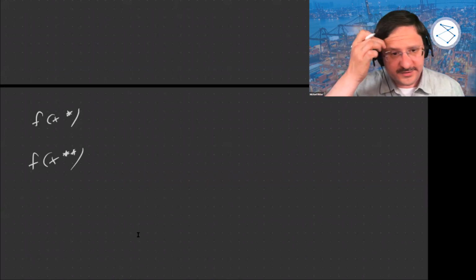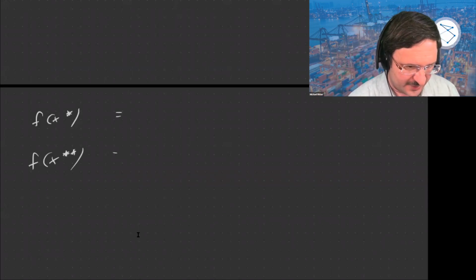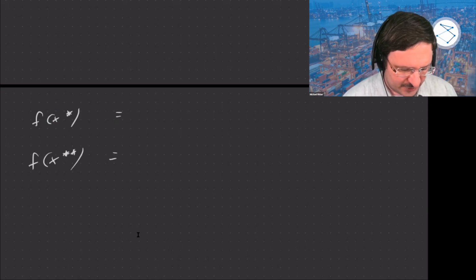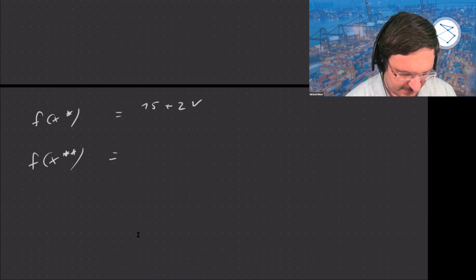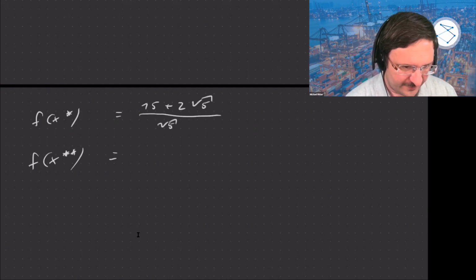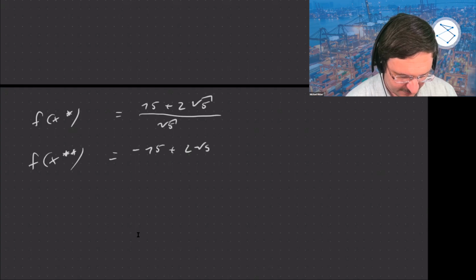If we do this, I'm going to spare you the computations here. We should get, the first one is (15 plus 2 square root of 5) over square root of 5. And the second one is (minus 15 plus 2 square root of 5) over square root of 5.